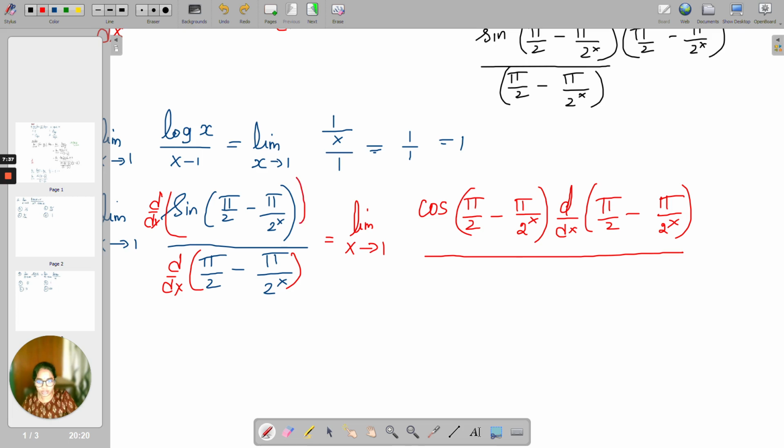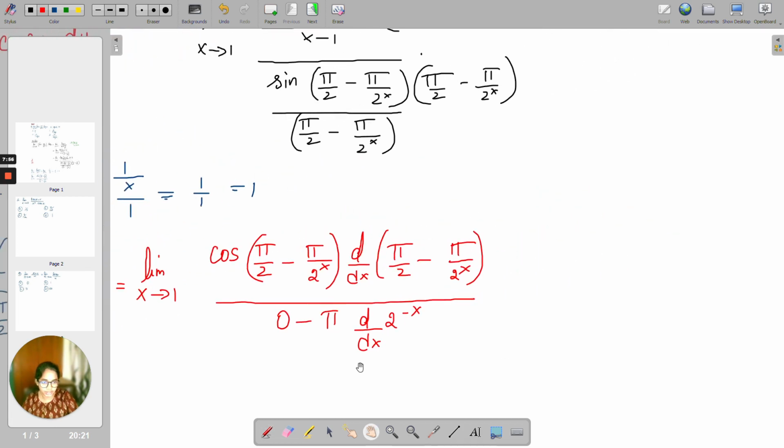So in the denominator we have differentiation of pi by 2, which is 0, minus differentiation of, let me take 2 power x to the numerator, I would get 2 power minus x.